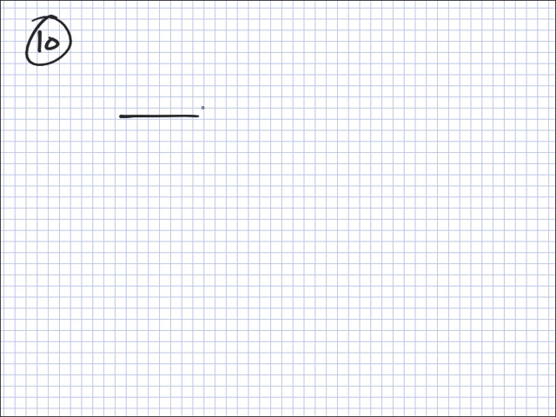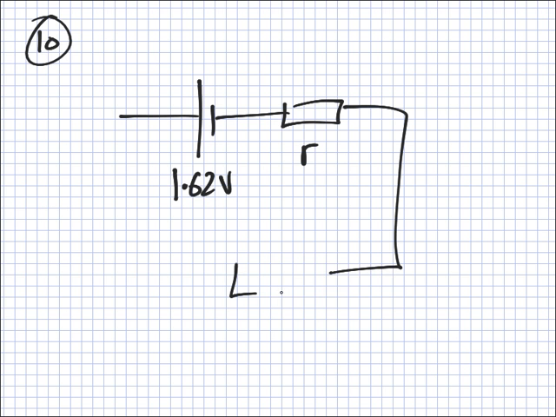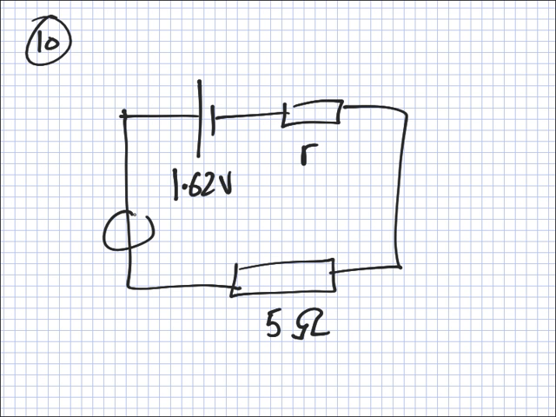So you've got this here, which is 1.62 volts. You've got a small resistor here. It's connected to a large resistor of 5 ohms. And if you were to measure the current, it would come across as 0.31 amps. And the question is, what's the small r?